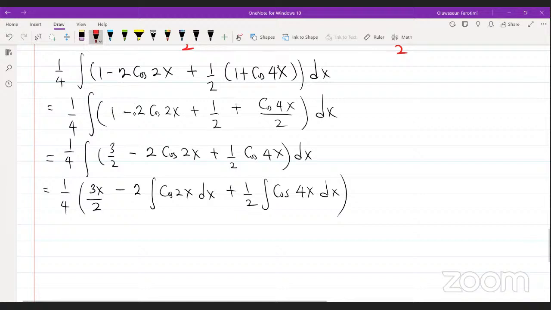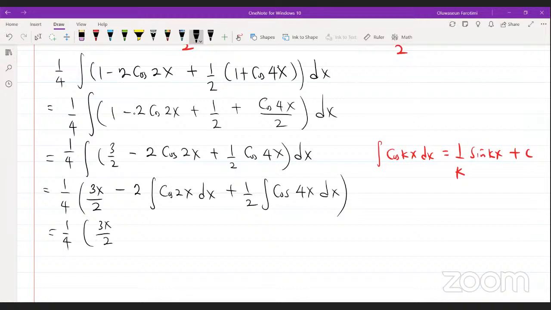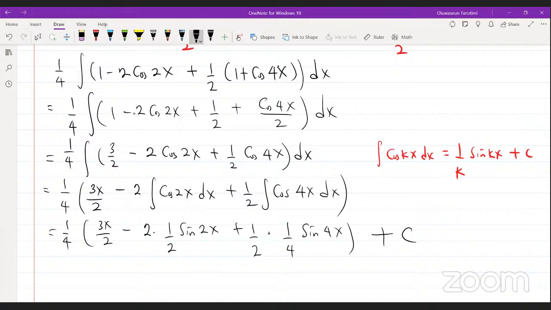I hope you remember that the integral of cosine of kx dx is exactly 1 over k sine kx plus c. So that's what I'm going to use. So this is going to be 1 over 4 times 3x over 2 minus 2 times 1/2 sine of 2x plus 1/2 times 1/4 sine of 4x. Of course, keep in mind that you have a plus c, which is a constant of integration.